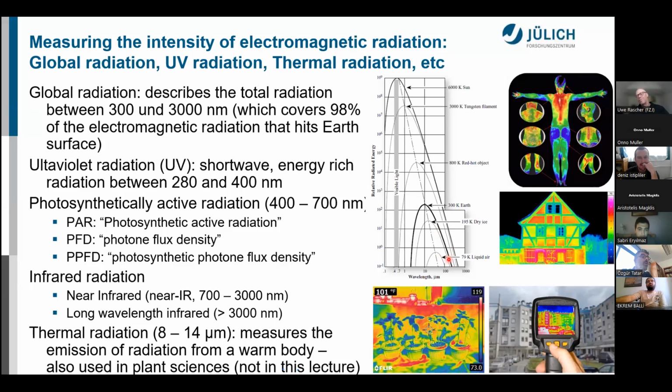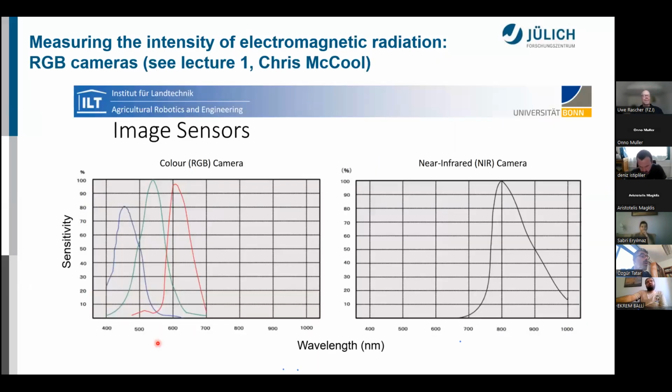It's really the thermal emission, which you can detect with specific thermal sensors. That's different from the near infrared radiation, which is a reflected radiation, which is also sometimes referred to as heat radiation, but that's different from the real thermal radiation in the physical sense.